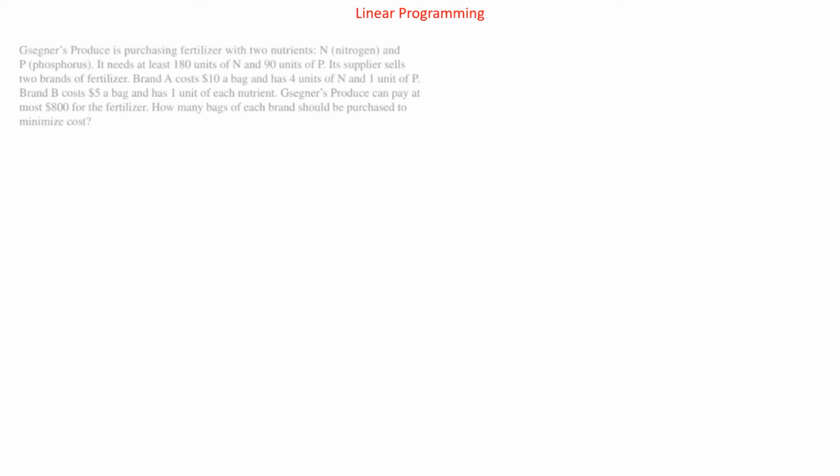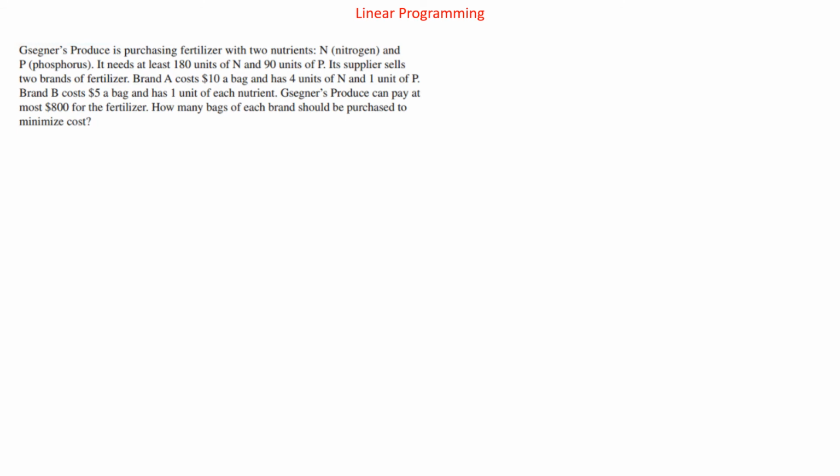What does that actually look like, though? So we have Negner's Produce is purchasing fertilizer with 2 nutrients. N is nitrogen, P for phosphorus. It needs at least 100 units of nitrogen and 90 units of phosphorus. Its supplier sells 2 brands of fertilizer.